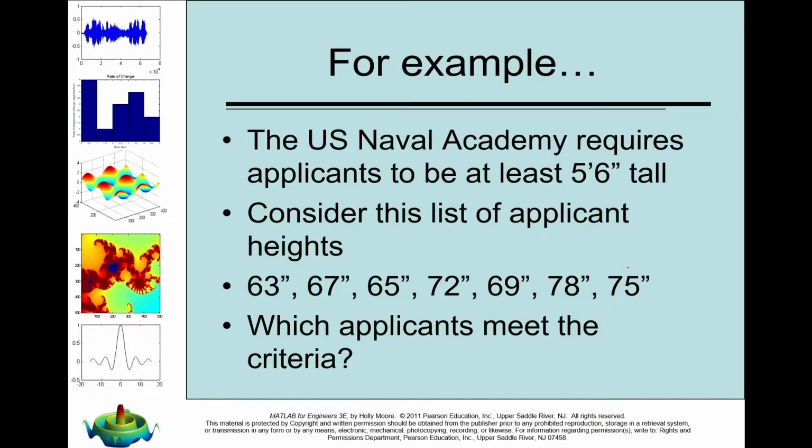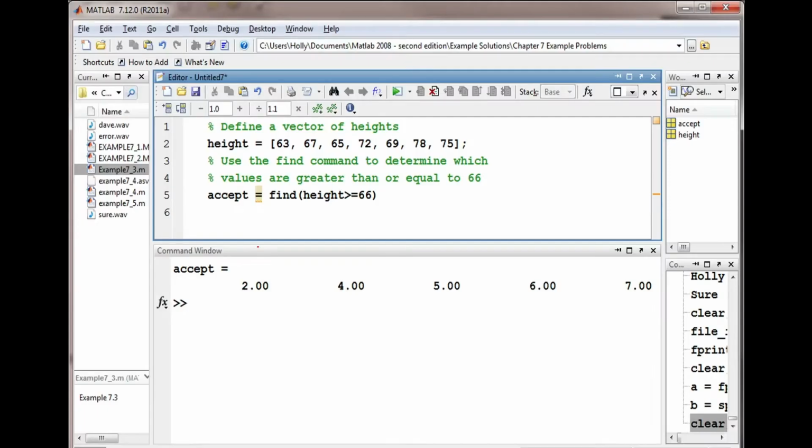The criteria, at least 5 feet 6 inches, we have converted to all inches. So to become a Navy applicant, all applicants must be at least 66 inches.